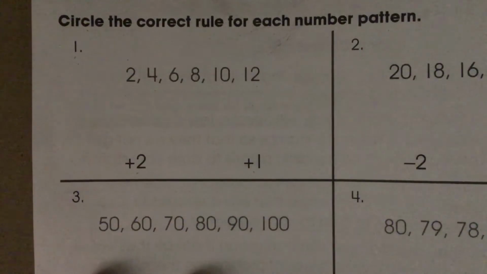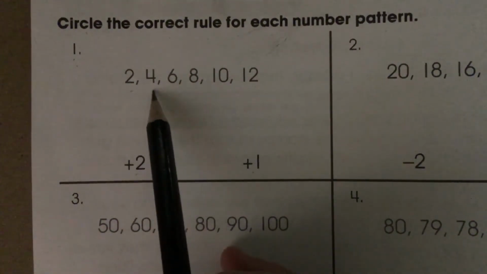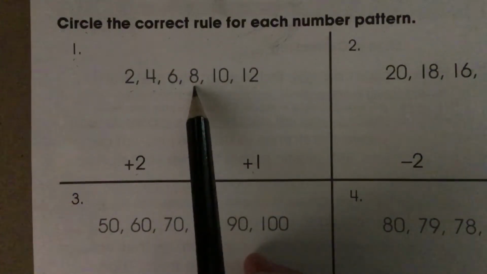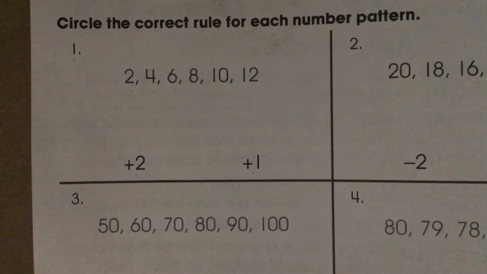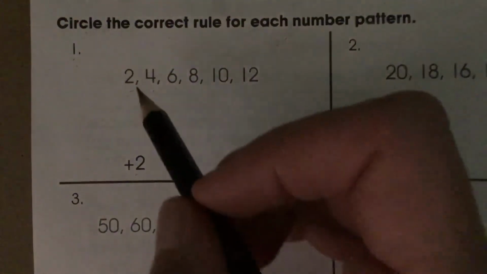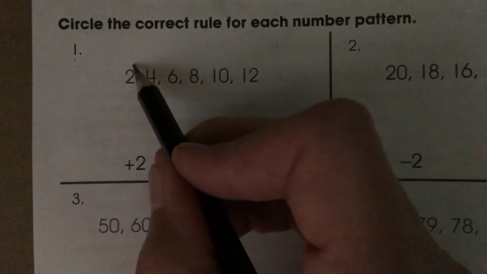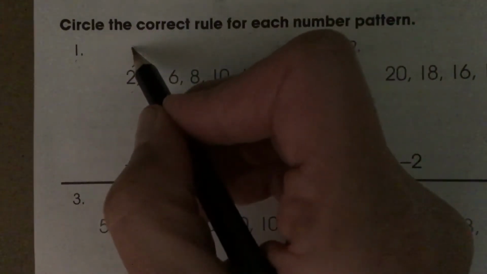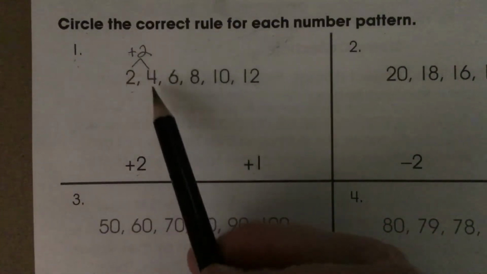Let's look at the pattern again. 2, 4, 6, 8, 10, 12. When I look at the pattern again, I see that to get from 2 to 4, I have to add 2. 2 plus 2 equals 4.